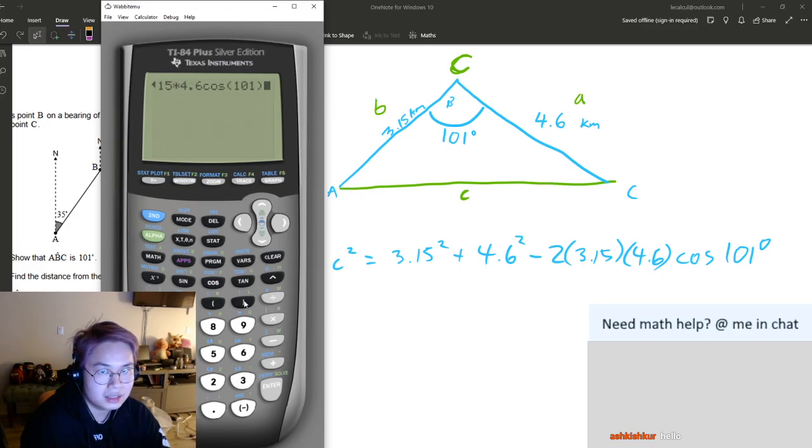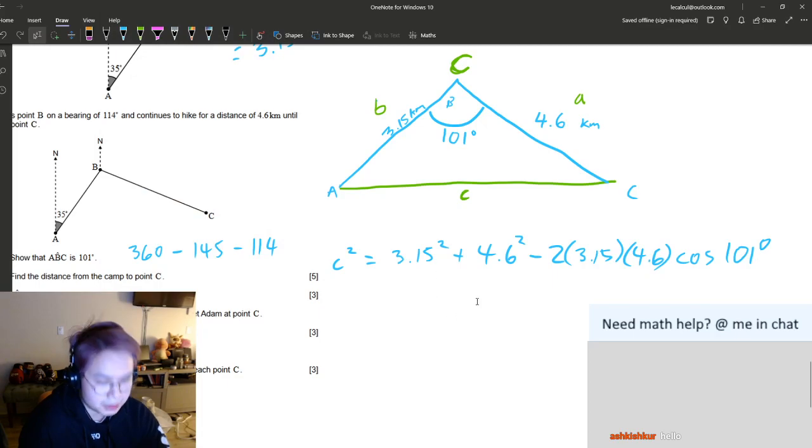Close this bracket, and then we do need to square root it. I'm just going to do it to the power of 1/2, which does the same thing as square rooting. So the distance from A to C is 6.05 kilometers.